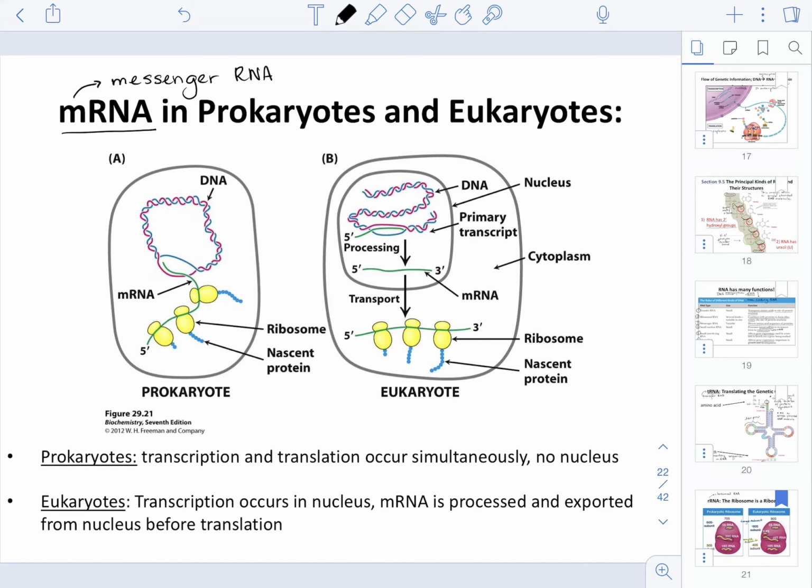Now, understand that when it comes to prokaryotes, the processes of transcription and translation occur simultaneously because these organisms do not have a nucleus. And as I explained previously, in eukaryotes, transcription is going to occur in the nucleus, and the mRNA is going to be processed and then exported from the nucleus before it's involved in the process of translation.